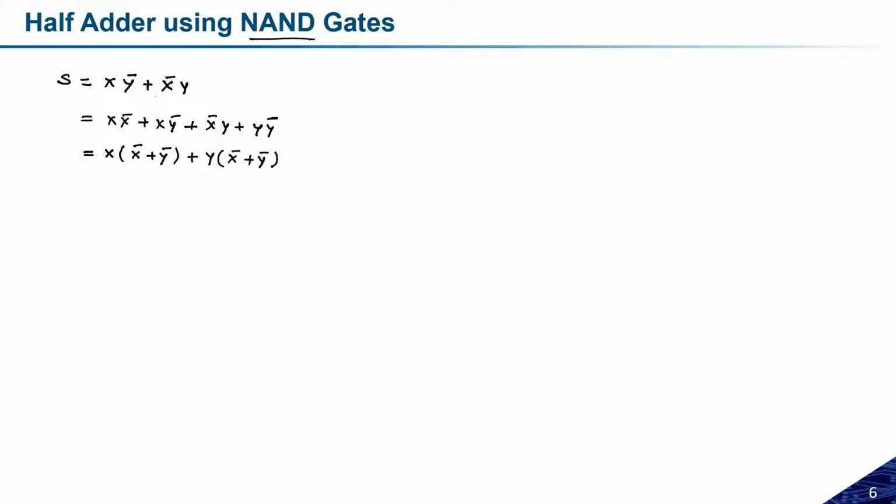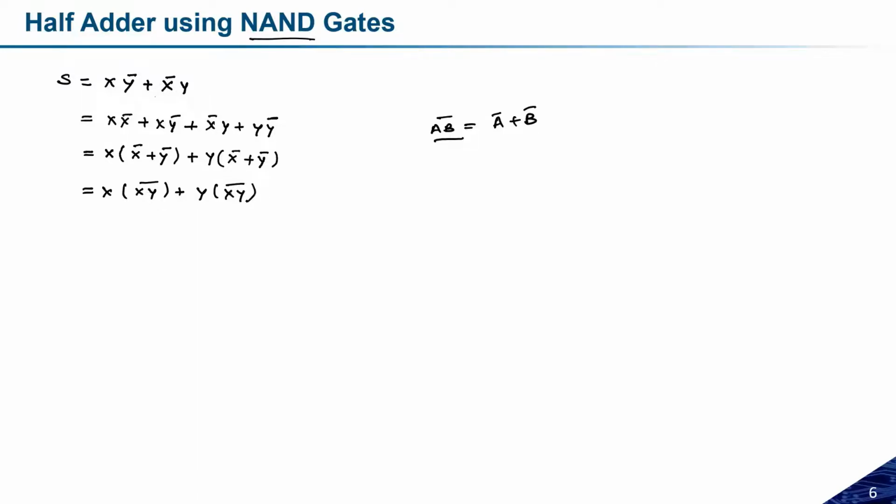Now, I apply De Morgan's theorem here, because I need terms like A plus B bar. If the function is like this, I can also write it like A bar plus B bar. So I need to convert this one like x into x y bar plus y into x y bar.